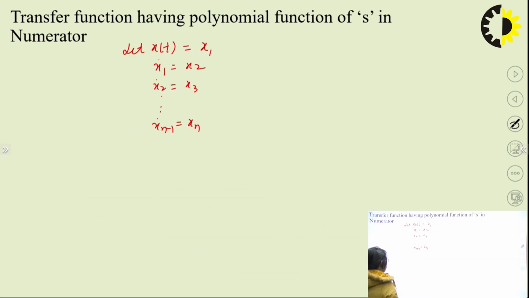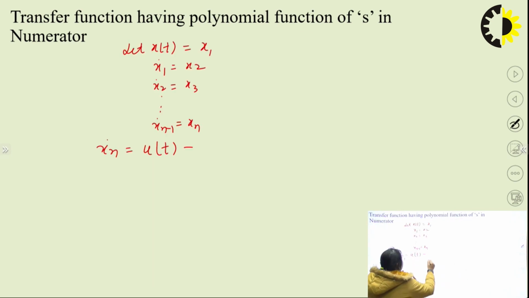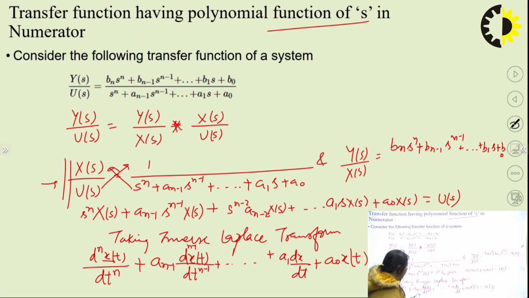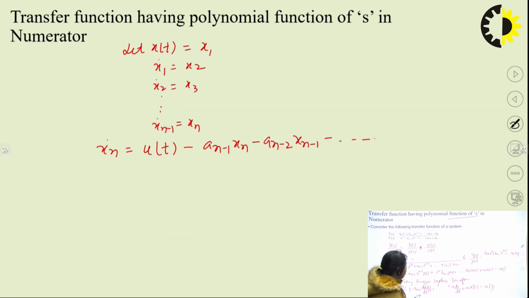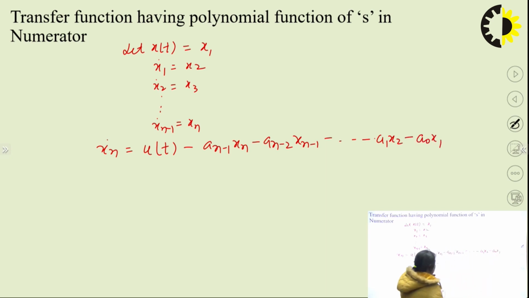So I am writing it directly, xn dot will be equal to u(t) minus a_(n-k1) into xn, then minus of a_(n-k2) into x_(n-k1), minus up to so on, and here I am getting a1 into x2 and minus of a naught into x1. Okay, this is the final equation.